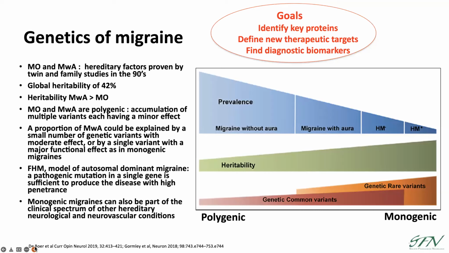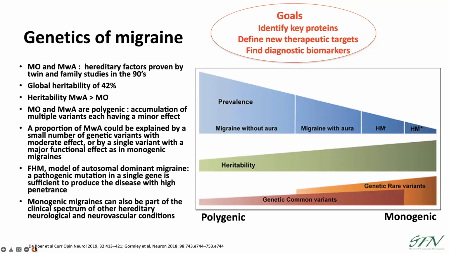In familial hemiplegic migraine, on the contrary, when it is autosomal dominant, then a pathogenic mutation in a single gene is sufficient to produce the disease with a very high penetrance. That means that in large families, a father can transmit the disorder to half of his children, and an affected mother can also transmit the condition to half of her children.